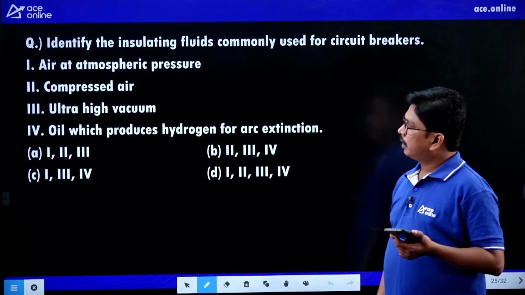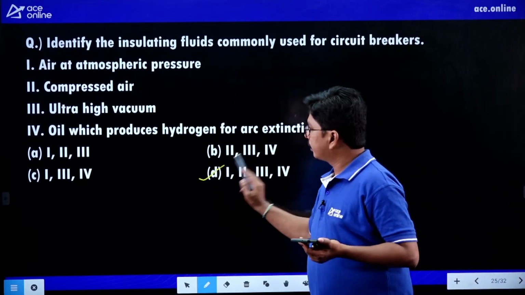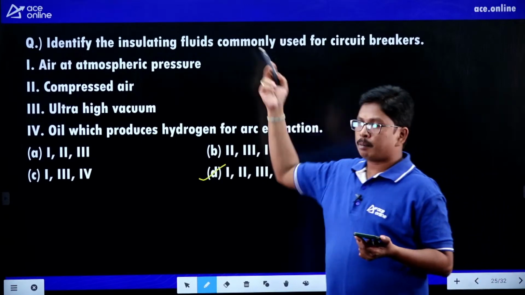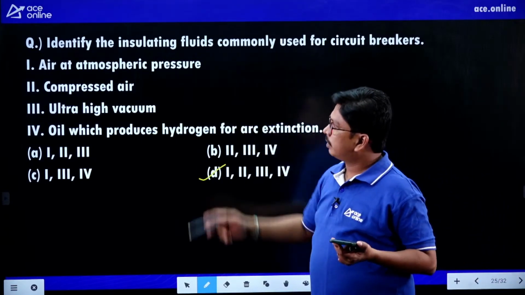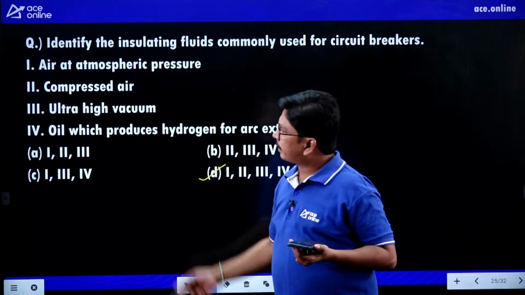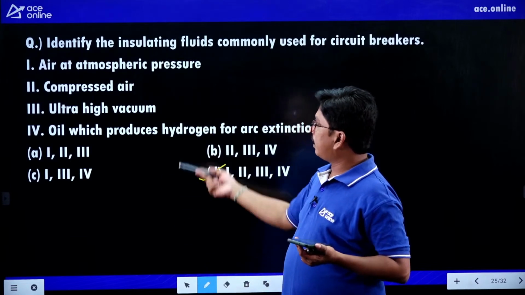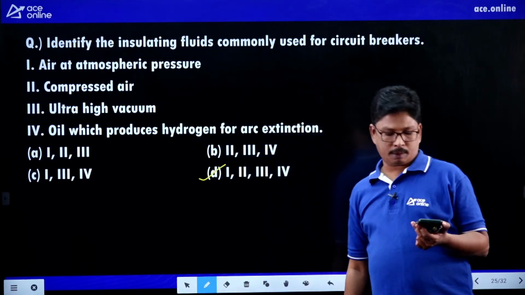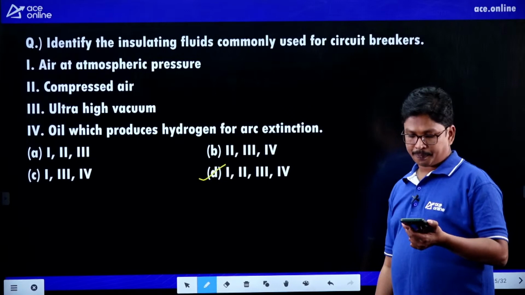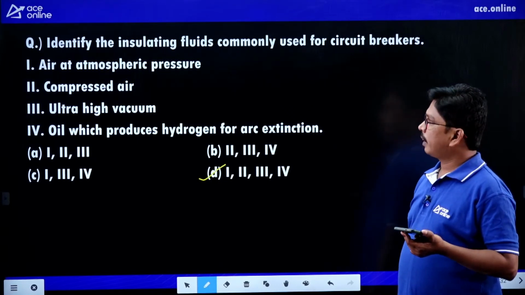Which are true here? All 4 are true, right? Air at atmosphere is the air break circuit breaker, then the air blast circuit breaker, vacuum circuit breaker, oil circuit breaker. So all are correct, all perfect. Right, students?